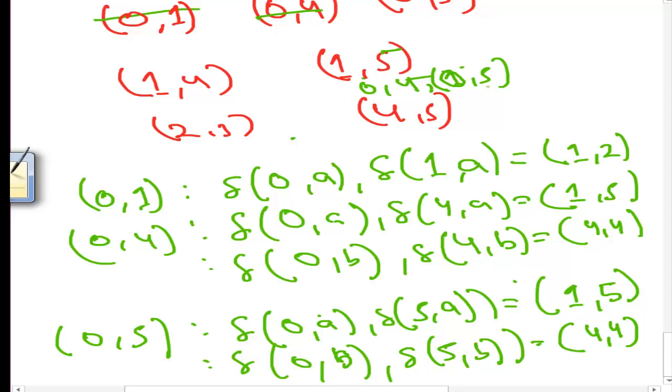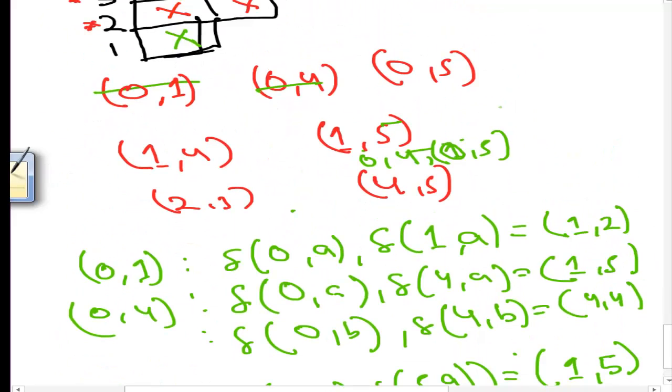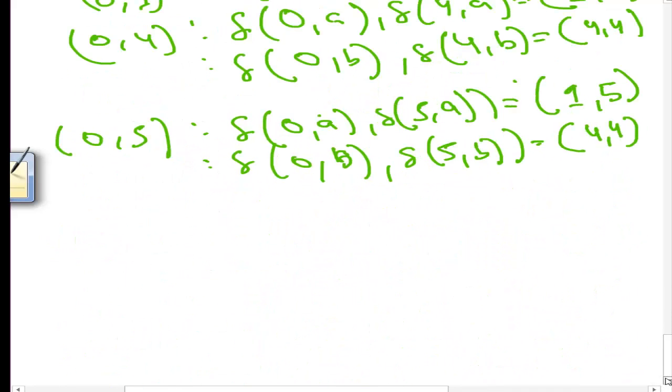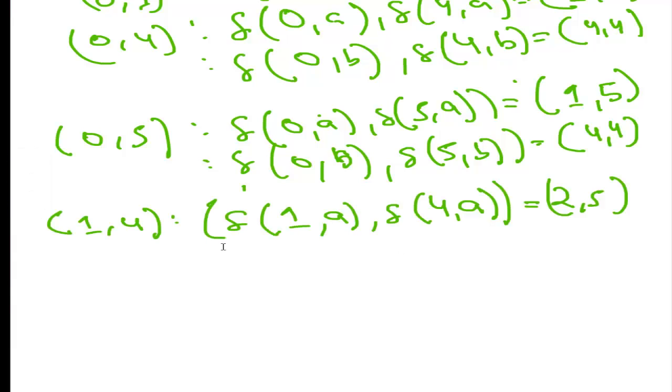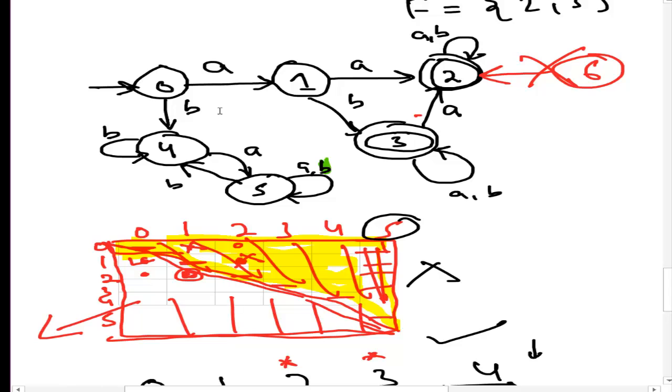Okay, and in the states here, we will cancel the 0 5. We are done with 0 5. Now what about 1 4? Okay, so we'll do the same thing with the 1 4. Let me pause a bit. So we are saying on 1 4, that means 1 on A and 4 on A. Where have they gone? 1 on A has gone to the 2, okay, and 4 on A has gone to the 5.